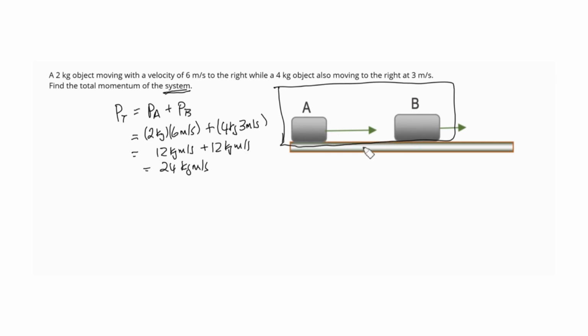This will lead us to an important concept in momentum that will help us solve problems for when these two guys do collide with each other and we want to predict the aftermath of that collision. But right at this point we'll just look at how we find the momentum of a system or of two objects combined together.